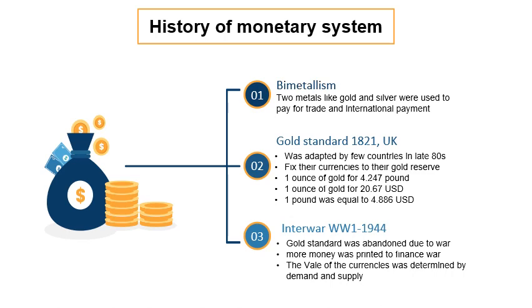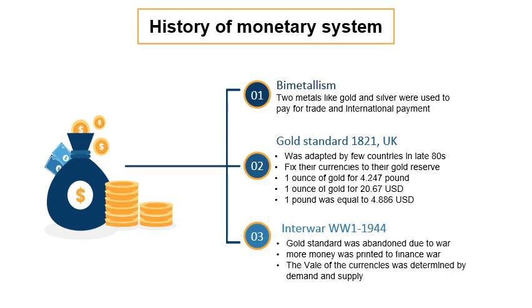So when the UK came up with a gold standard system, they were ready to buy 1 ounce of gold for 4.247 pounds. At the same time, the US also adopted the system where they were ready to buy or sell 1 ounce of gold for 20.67 US dollars.